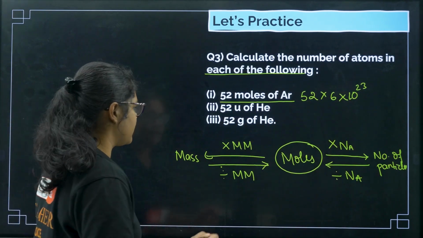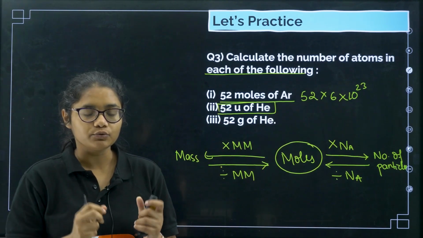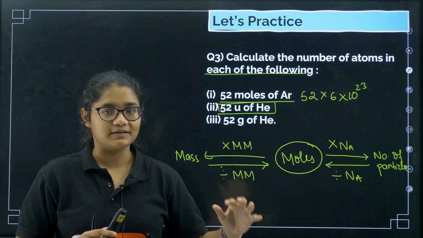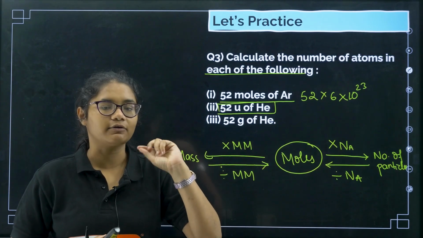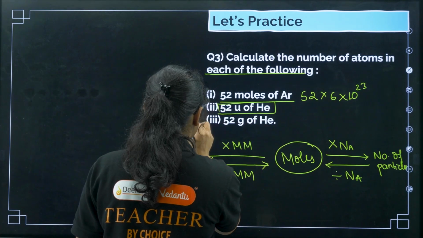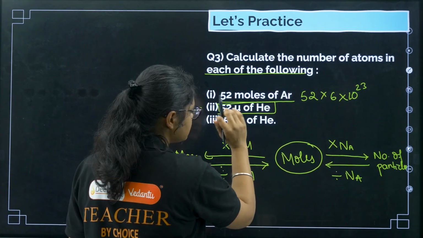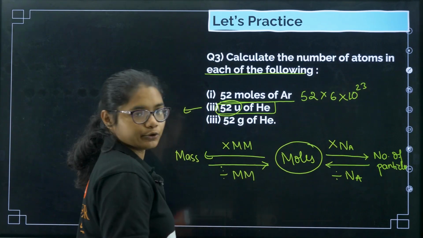Now let us see the second one, that is 52 u. Now 52 u, u stands for atomic mass unit, or I can say the mass of one atom is like an atomic mass unit. So 52 u is the mass of the atoms: some number of atoms were there and its total mass was 52 u.